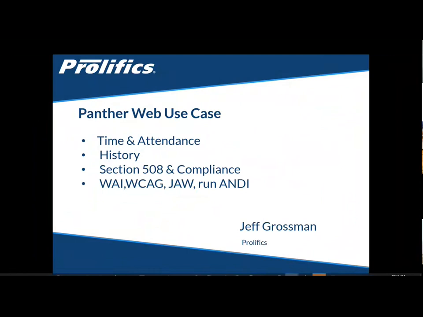ARIA is a set of labels, just attributes, that you throw onto DOM elements. These attributes essentially create a shadow DOM that the screen reader perceives and will use for its navigation.